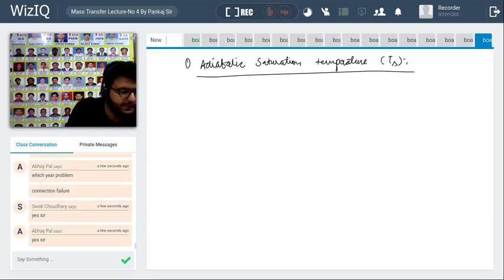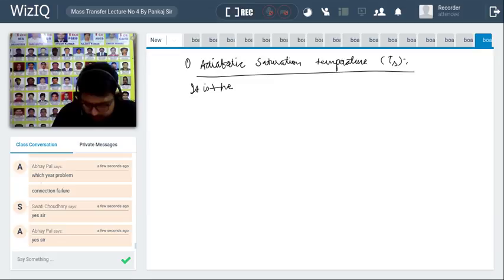Just look carefully at the definitions that I'll mention for adiabatic saturation temperature as well as the wet bulb temperature, because the definition in itself clears a lot of things.